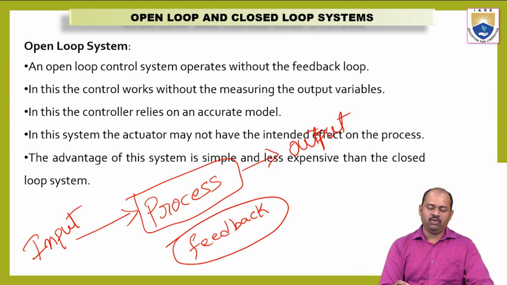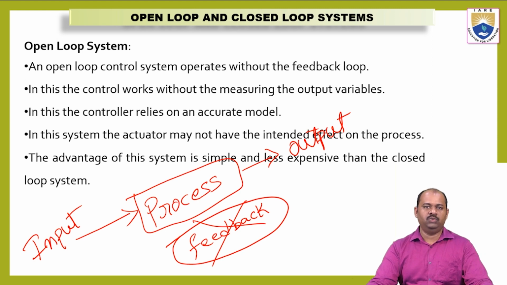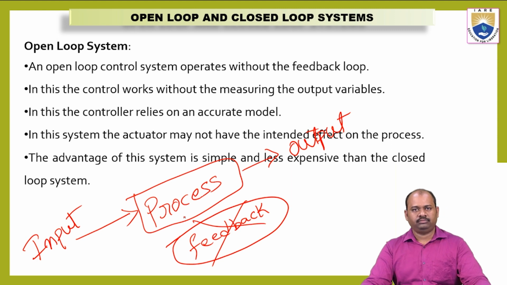Now, if there is no feedback, what happens? The manufacturing system which does the process does not know how the output is. It does not care about the output. It will only make the drilling and leave the workpiece. So, in an open loop system, there is no feedback system.